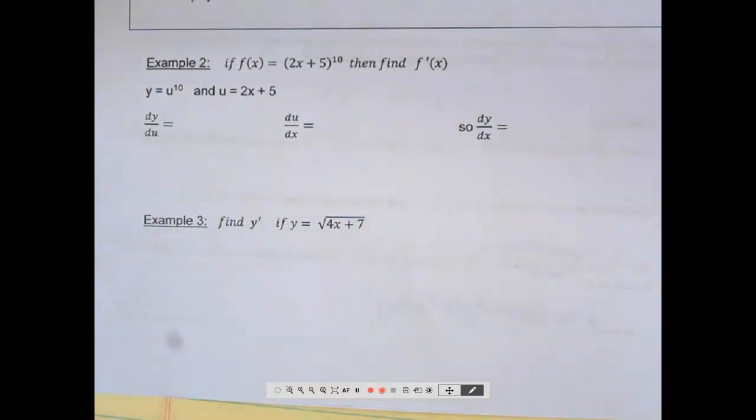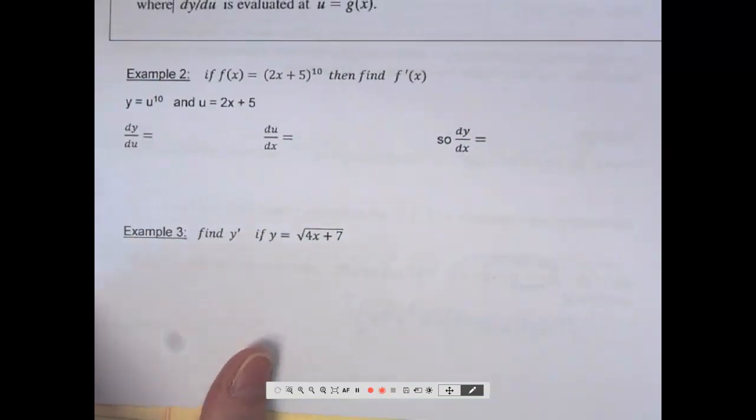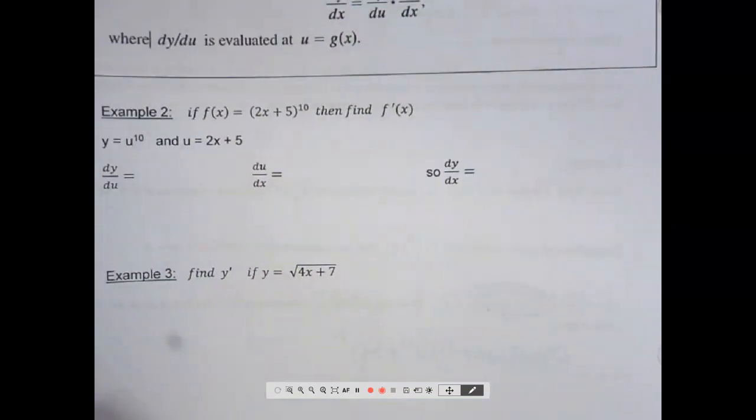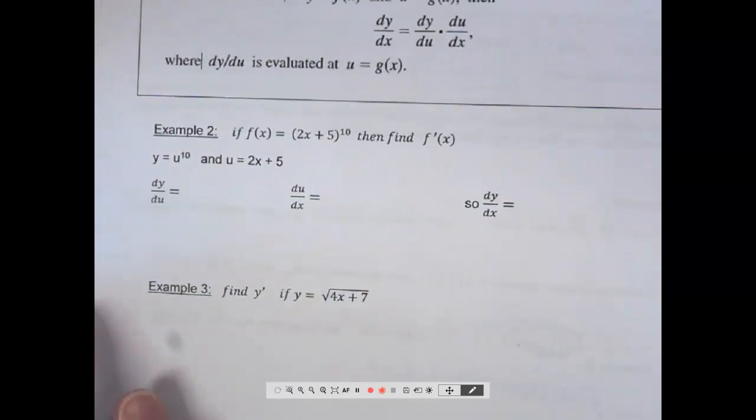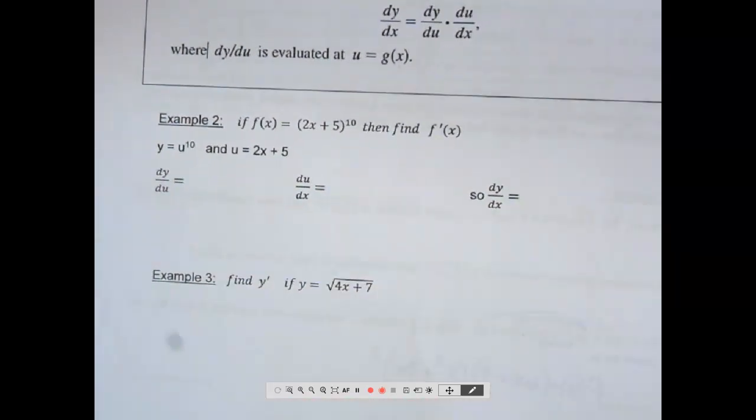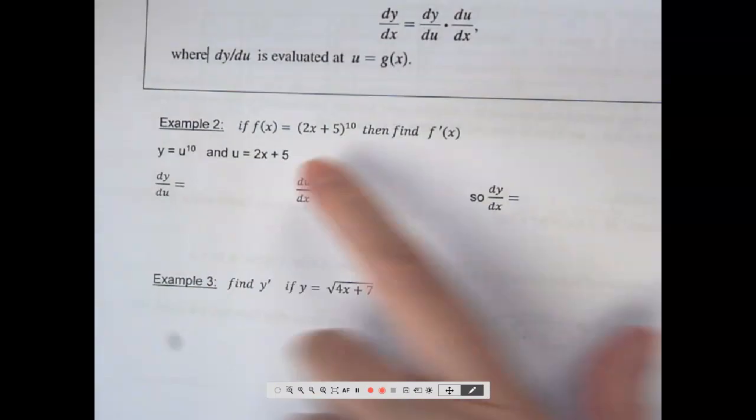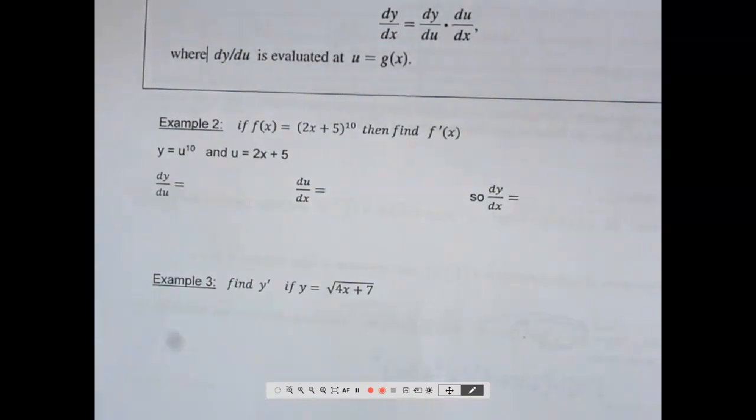Okay. So on the last one, could you put u to the third and then do it that way? Yes. So I'll do it both ways on this one. Okay, so do you recognize that I have 2 functions going on here? I have something raised to the 10, and then I have the 2x plus 5.